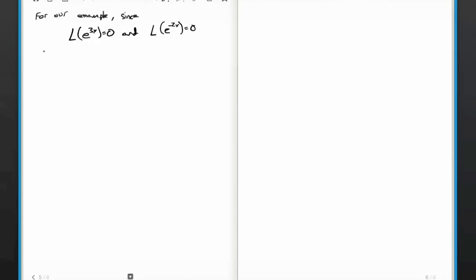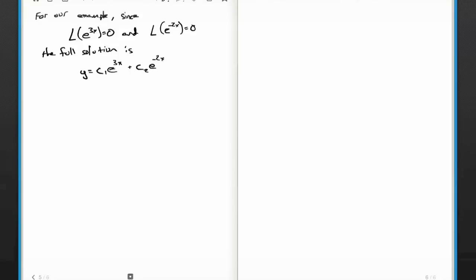The full solution is y equals c1 e to the 3x plus c2 e to the negative 2x.